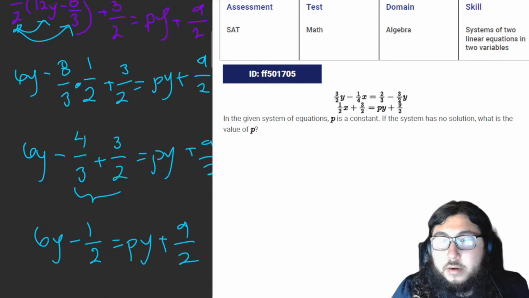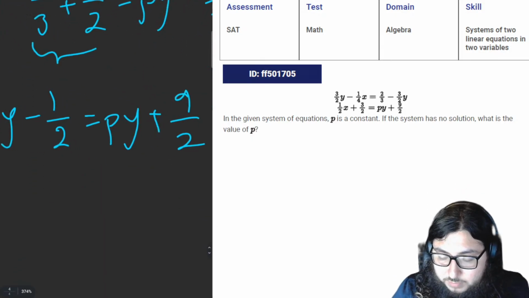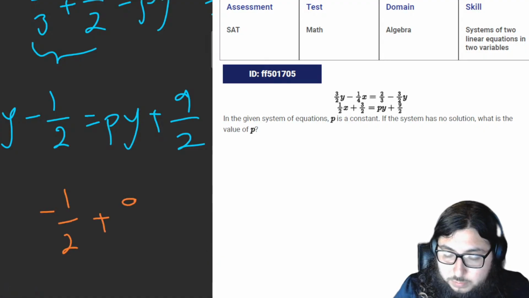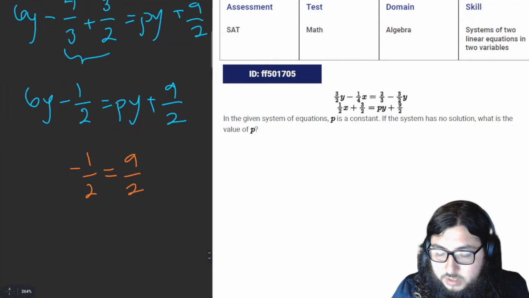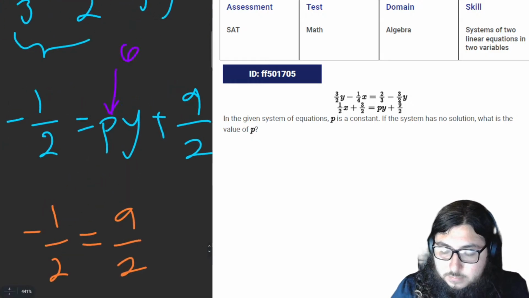Recall that you have a system with no solution if you get a result like negative 1/2 is equal to 9/2, something that isn't true, that doesn't make sense. So we'll get that case if we set p equal to 6.